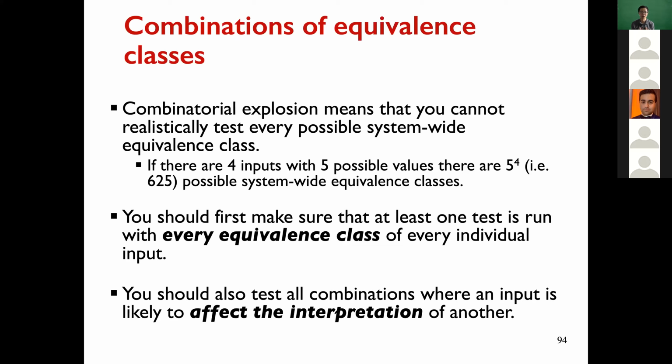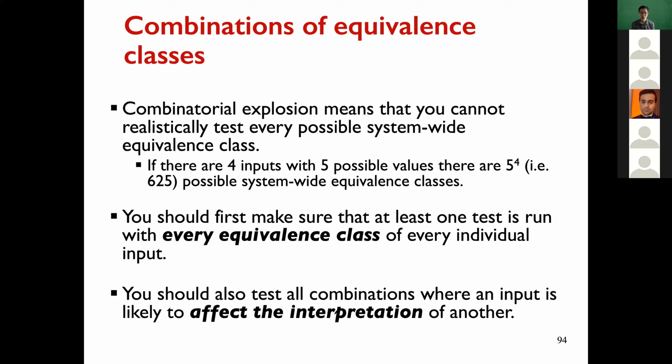But if there are like 100 inputs and each of them has on average 5 equivalence partitions, then the number is too big for us to test, right? So we cannot test all the combinations. So what can we do, right?